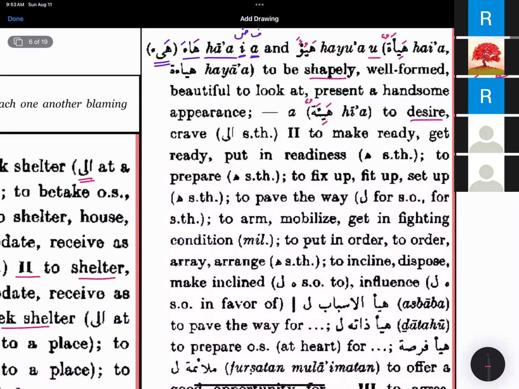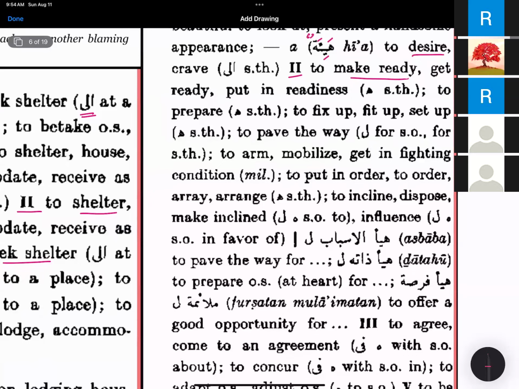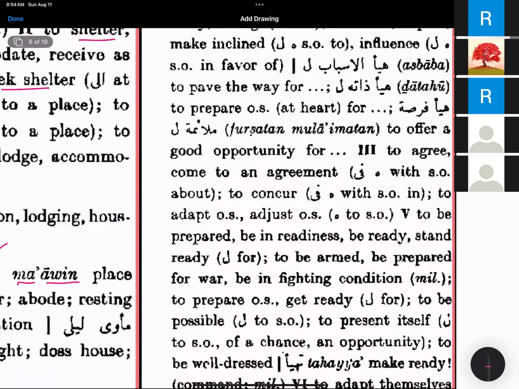Then in family 2, it's going to be like hayya, right? To make ready, get ready, put in readiness. This meaning it's going to take. Only 2 families it is showing. Then family 3, how is it going to look in family 3? Jahada family.